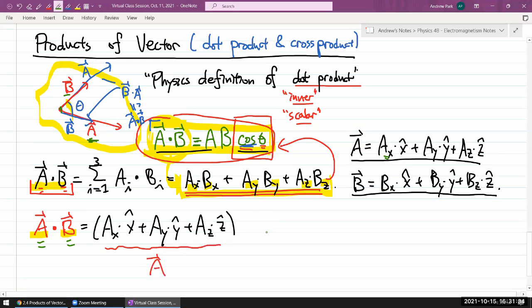Let me just finish doing the dot product. This is dot producting with the x component of B, plus the y component times the y hat vector, plus the z component times the z hat vector. It's a potentially long multiplication step involving quite a few unknowns. So let me do it this way.